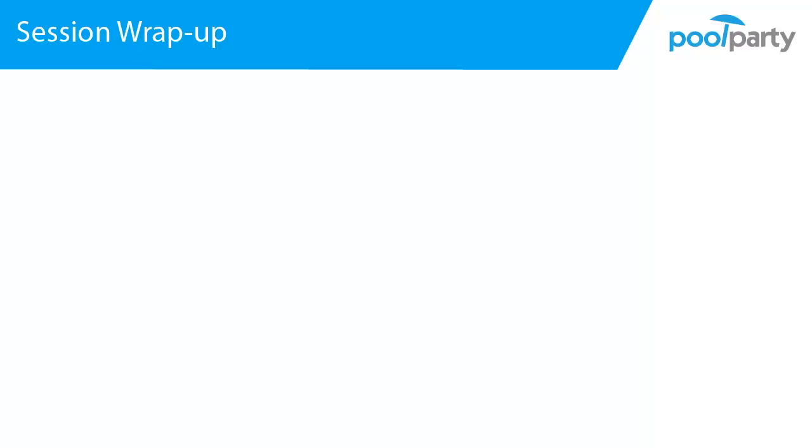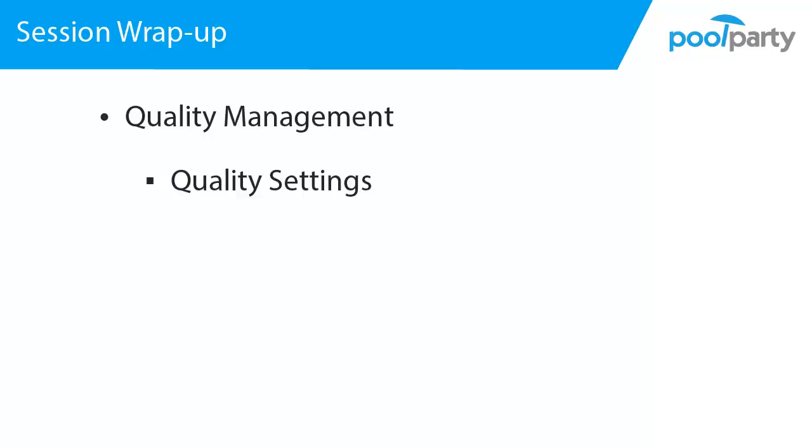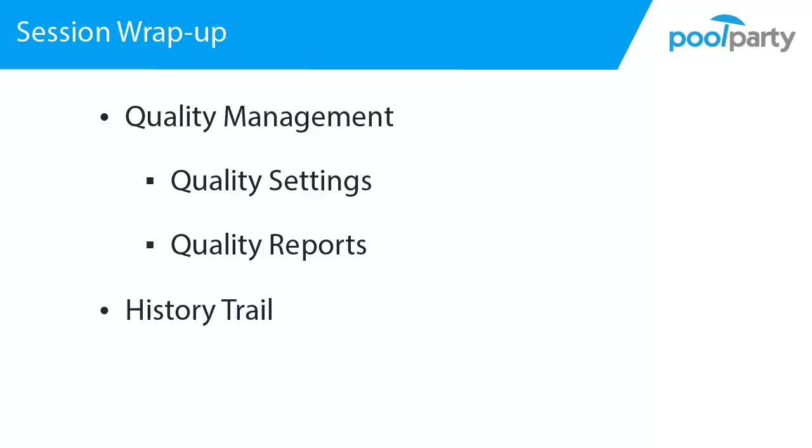To sum up, in this session we talked about quality management, specifically what are the quality settings we have and which are the possible reported points. We also showed the history trail. The quality management features and the history trail can be very helpful when your taxonomy develops beyond your overview.